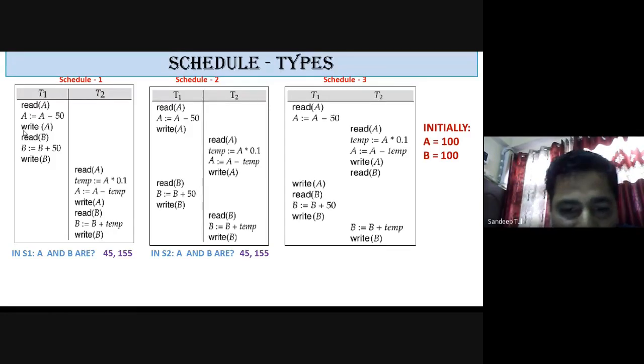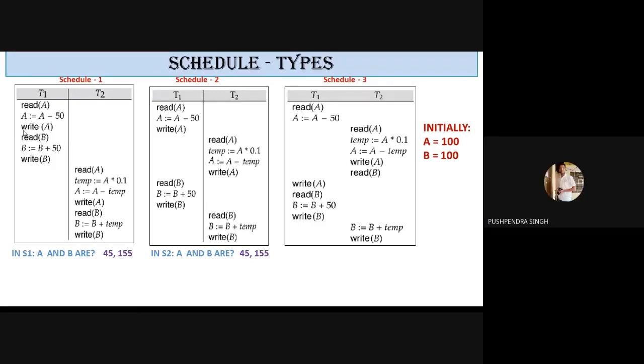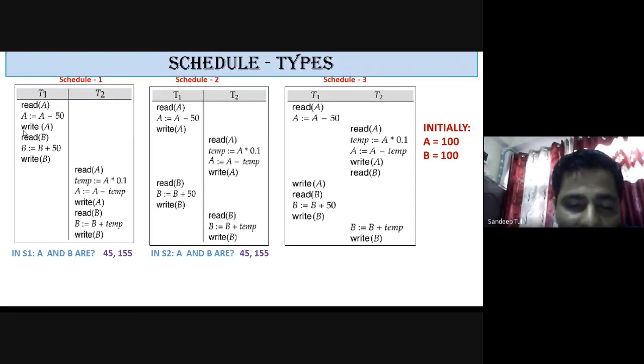So that schedule 2 is designed specifically by the programmer. मतलब हमने जानबूझ के ऐसा शेड्यूल तैयार करने की कोशिश की है, इंटरलीविंग करने की कोशिश की है ताकि हमें सही रिजल्ट मिल जाए, ताकि हम इजी में वर्क कर सके. ऑप्टिमाइजेशन के लिए हम ऐसा काम करने की कोशिश करेंगे.